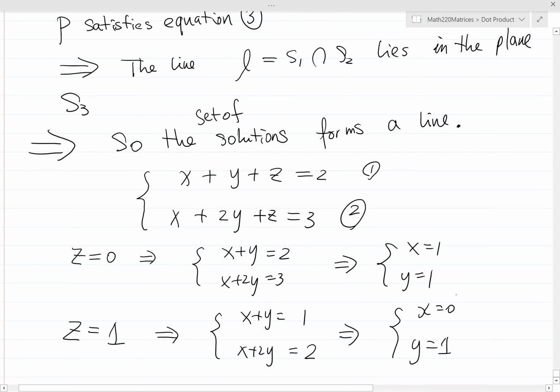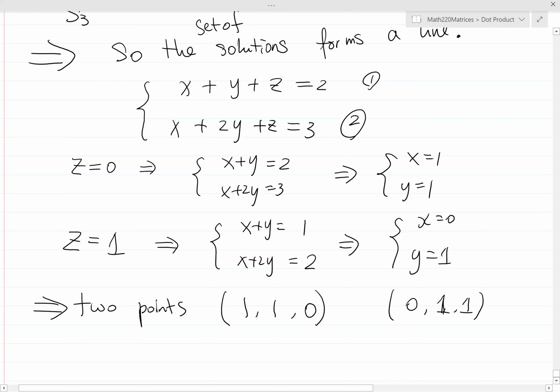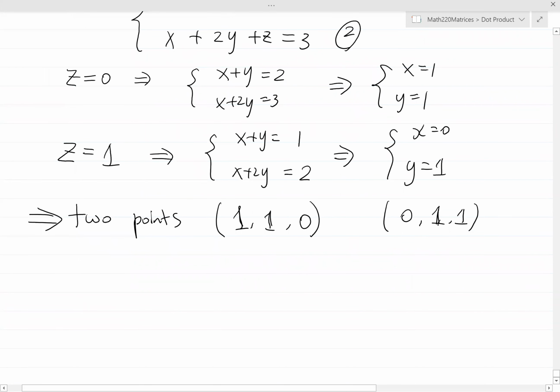So you get 2 points, which are (1, 1, 0) and (0, 1, 1). Using 2 distinct points, we can uniquely determine this line.